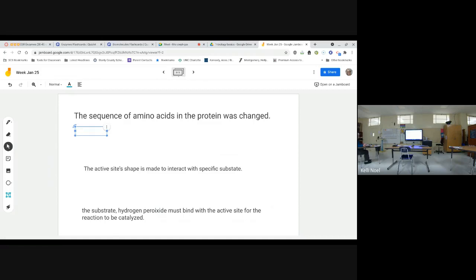And the sequence determines, and you may not know this yet, the shape of the active site.